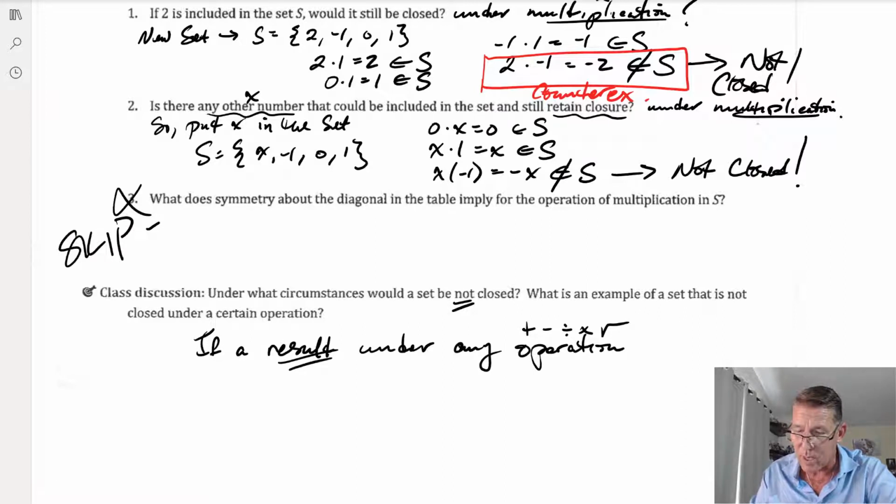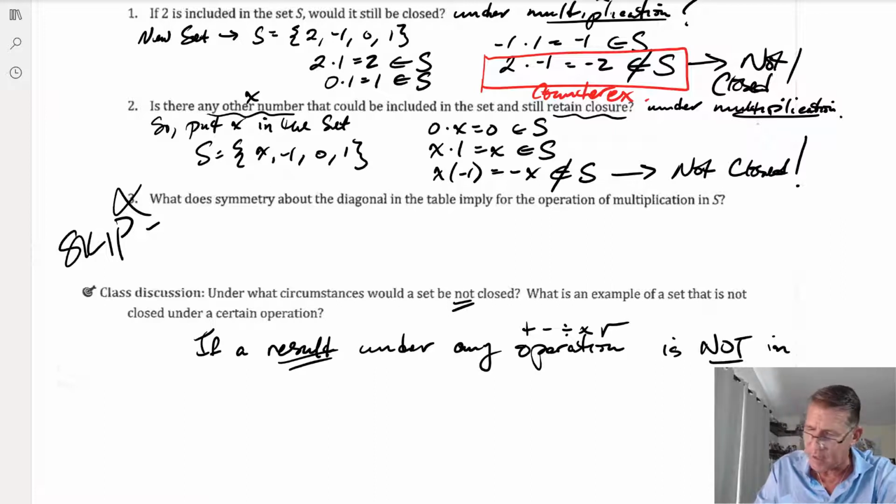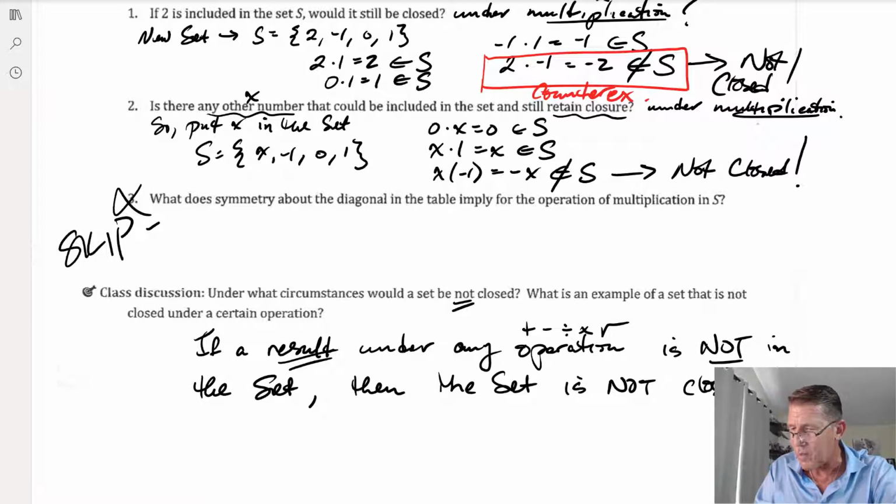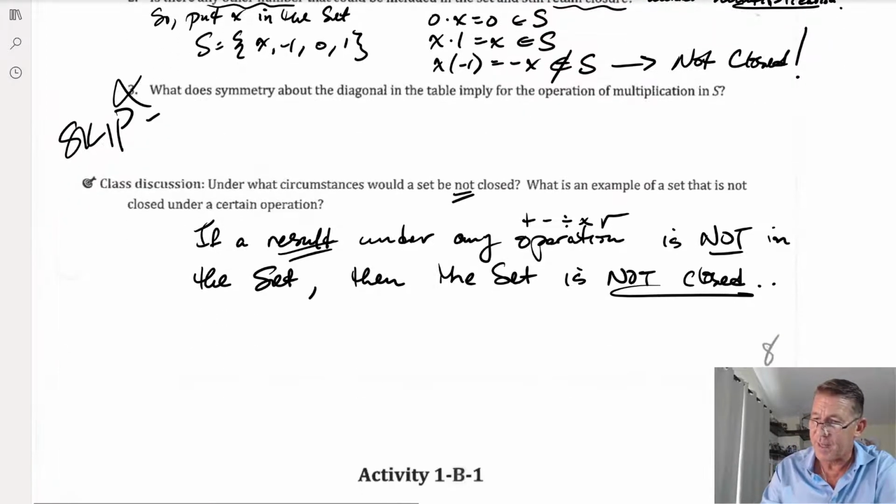If the result under any operation is not in the set in question, then all you have to do is say the set is not closed. So the conclusion is that the set in question, whatever that set is, is not closed. And remember, we don't say open. We just say not closed. That's the key.